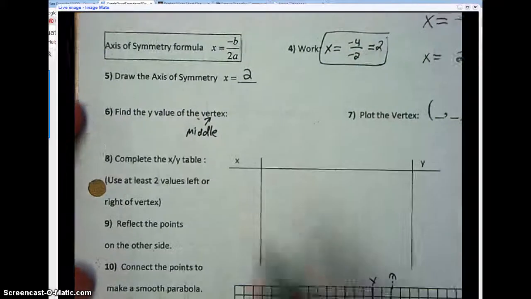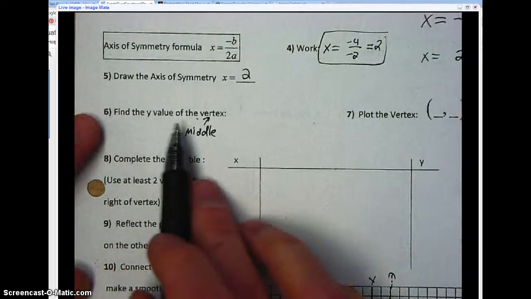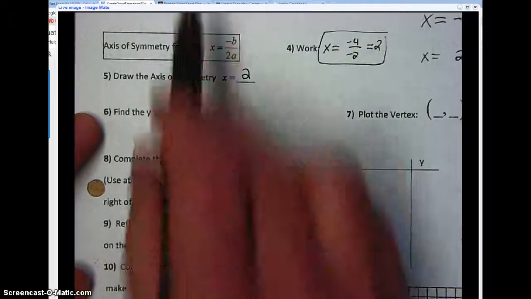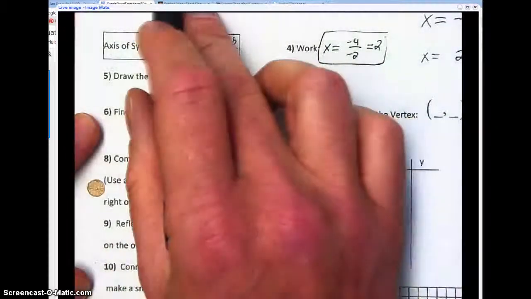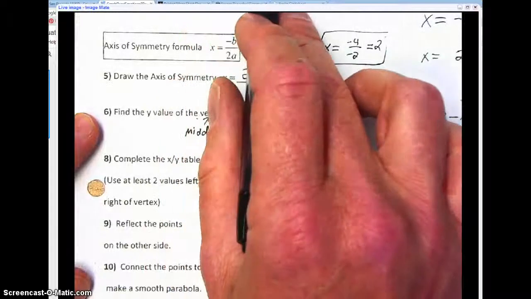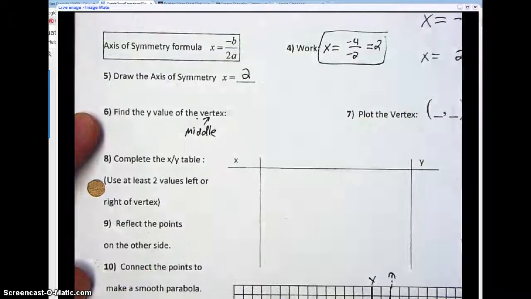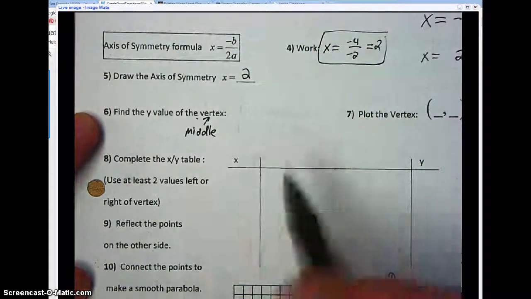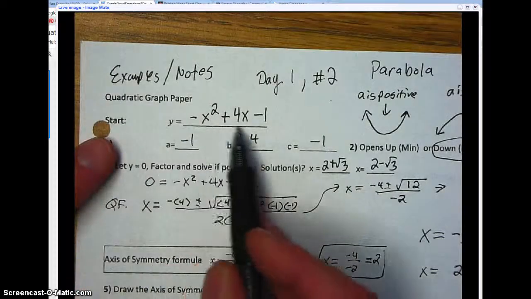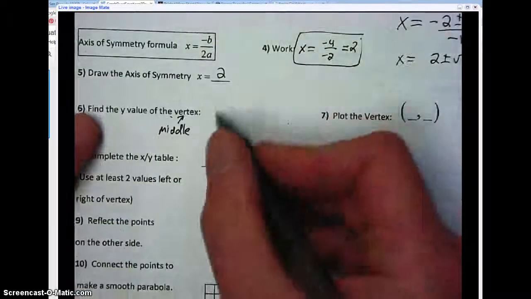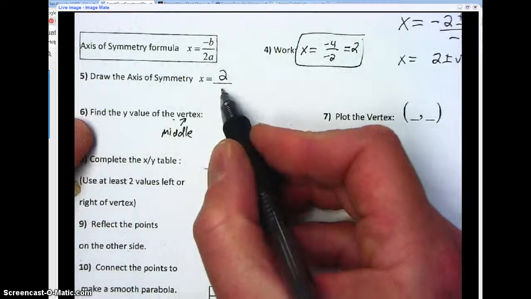Now, it says to find the y value of the vertex. Well, guys, go back up here. If you know what x is, how do you find y? If I know that x is 2, how are you going to find y? Plug it in. So everybody, all you do is plug this value in for x.